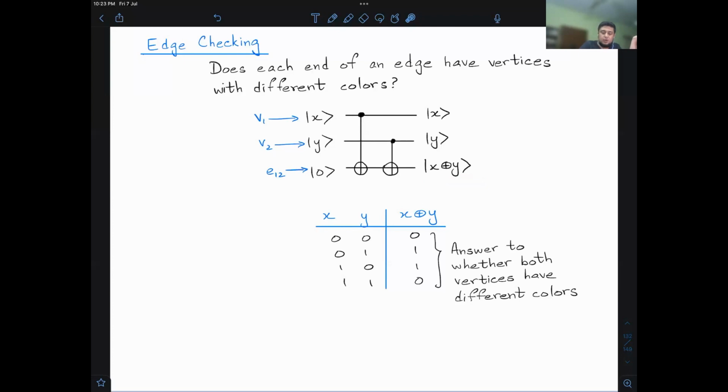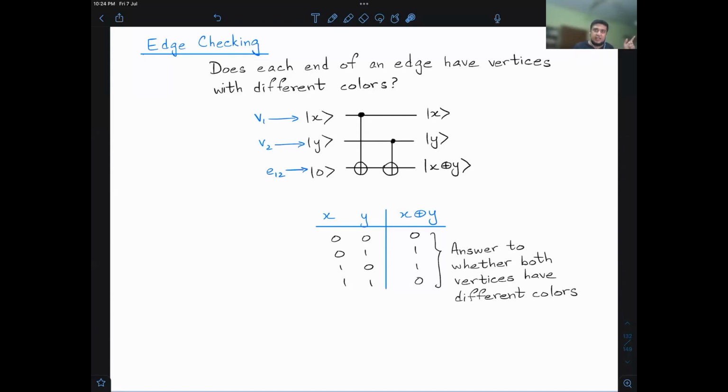And that's just a property of the XOR logic circuit, right? So whenever X and Y are both the same, this edge check qubit will take the value 0, and otherwise it will take the value 1. So that becomes a way of checking, is an edge connecting two different vertices, should it be counted or not?